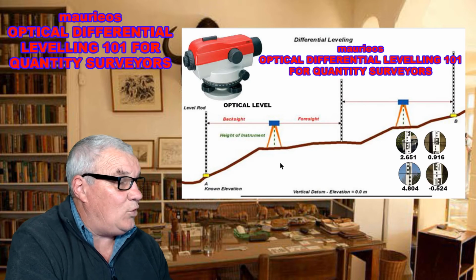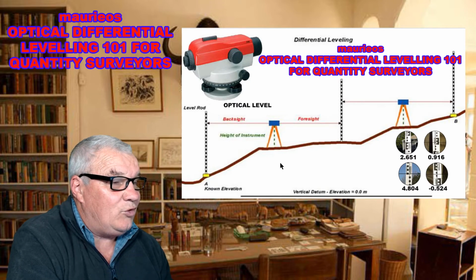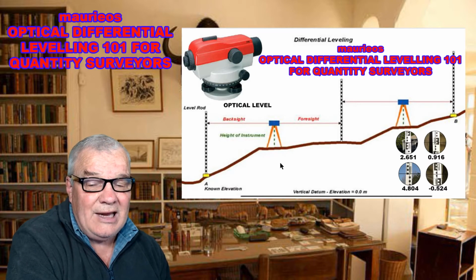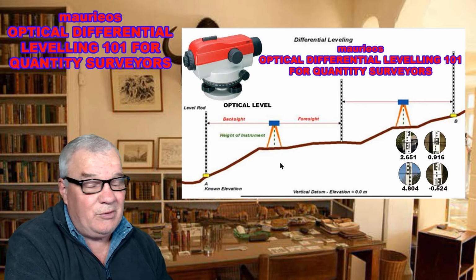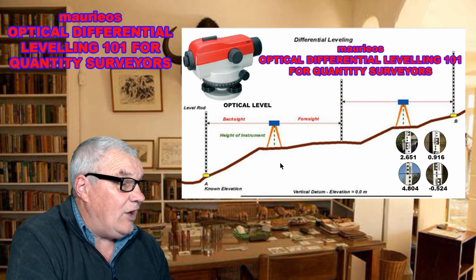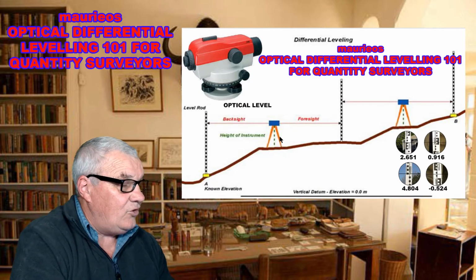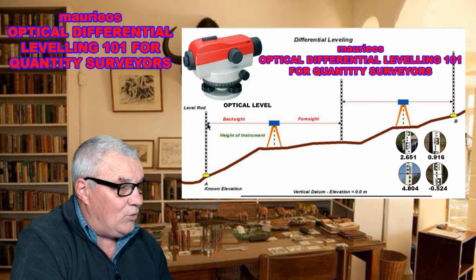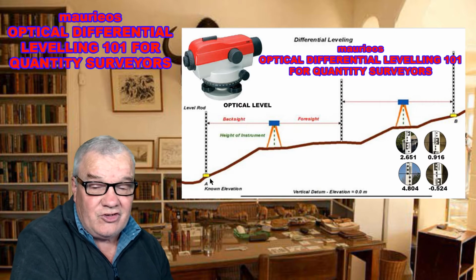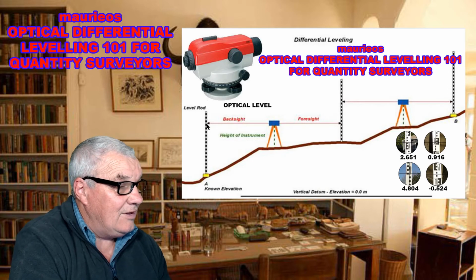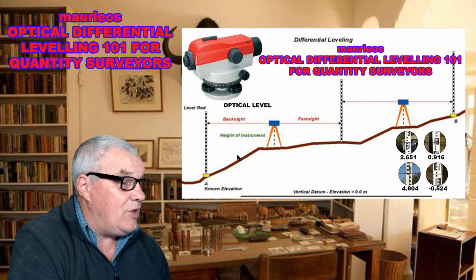So what does the level do? Well, all a level does is define a horizontal plane. That's all it does. You set the level up, it defines the plane, and then you look through the level and you measure, using the staff, distances above but generally below that horizontal plane.